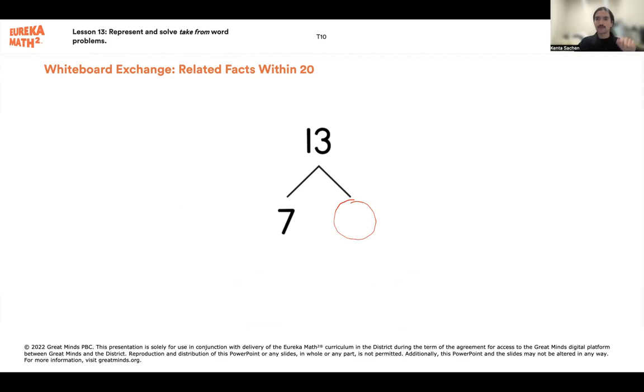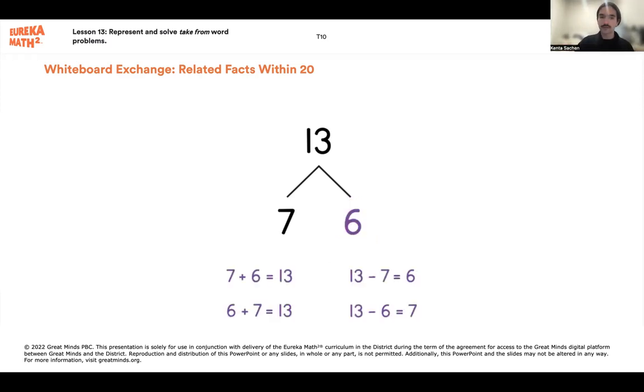Yeah, it's 6. Start at 7, 8, 9, 10, 11, 12, 13. So we can say 7 plus 6 equals 13. 6 plus 7 equals 13. 13 minus 7 equals 6, or 13 minus 6 equals 7.